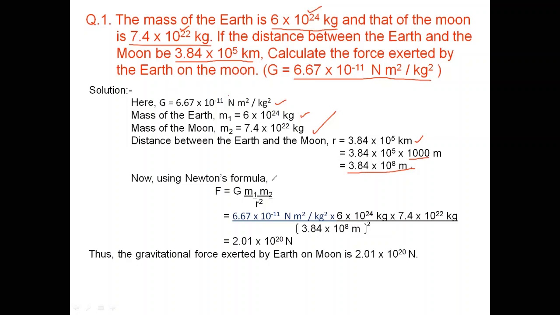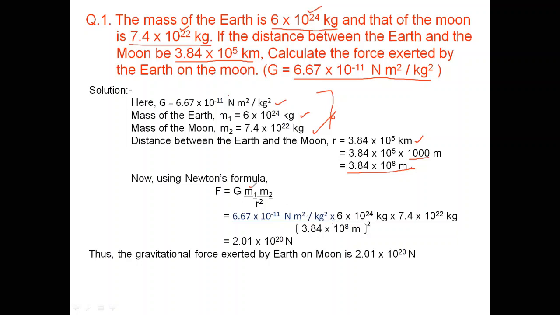Using Newton's formula, F is equal to G m1 m2 divided by r square, we put in all the values. The values we got from the question, we will put here. G is 6.67 × 10^-11 Newton meter square per kg square.